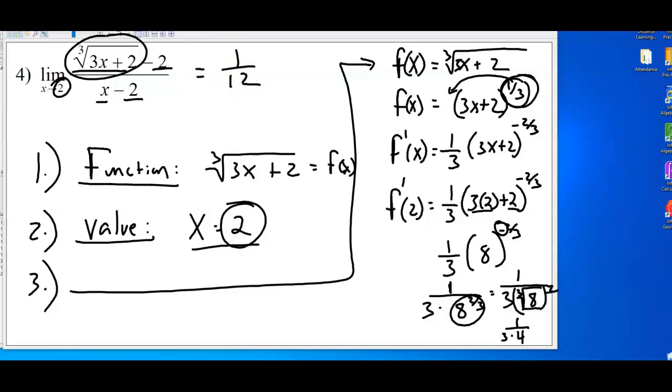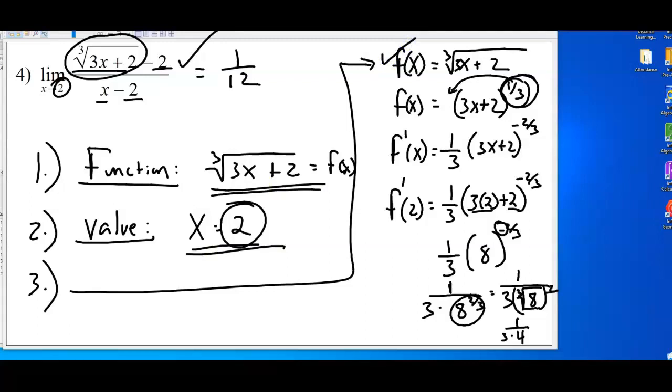All right? So, like I said, step 3 is not really my goal for you guys today, so much as recognizing that this represents a derivative, what the function is and at what value, but we still want to practice those Unit 1 derivative tricks to kind of bring it home.